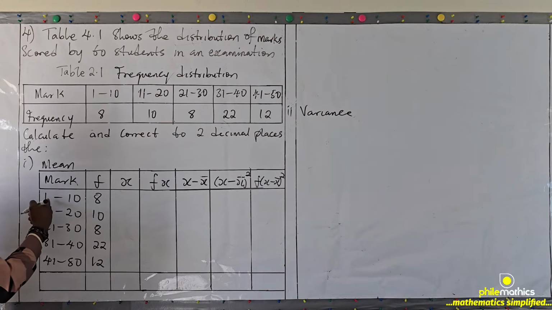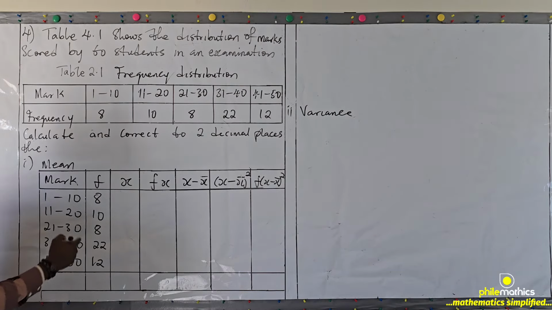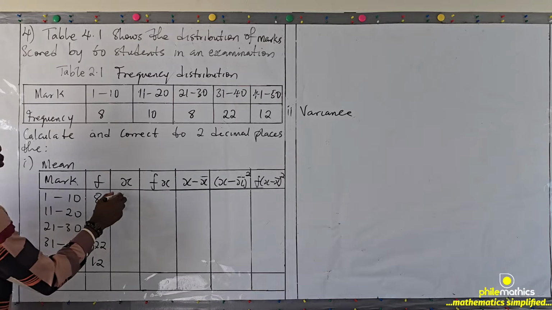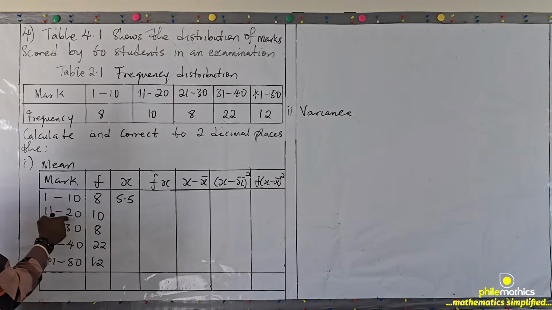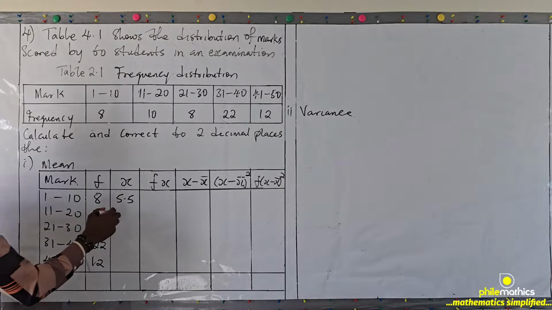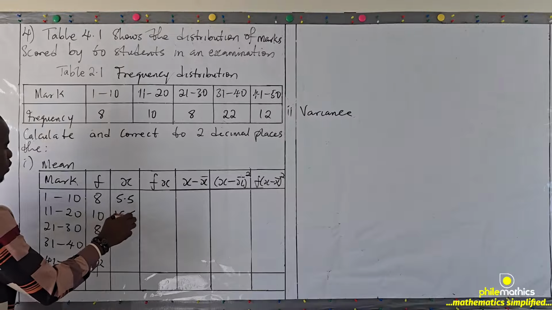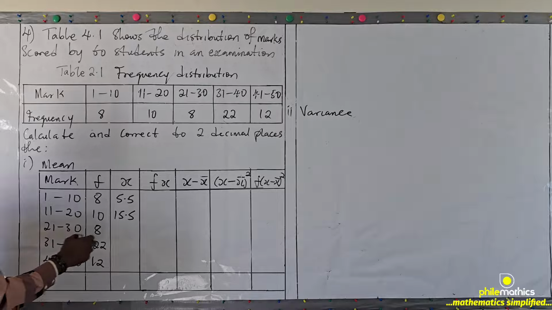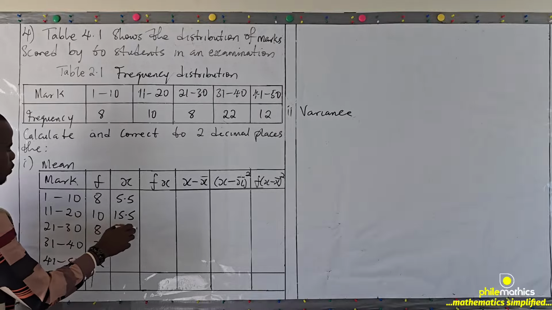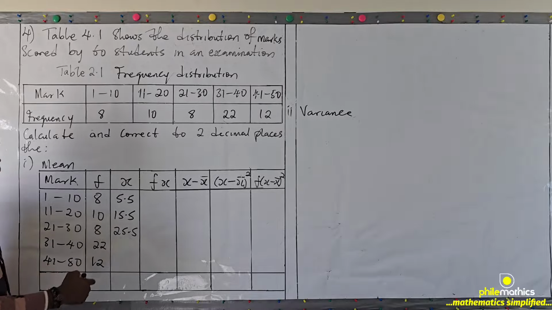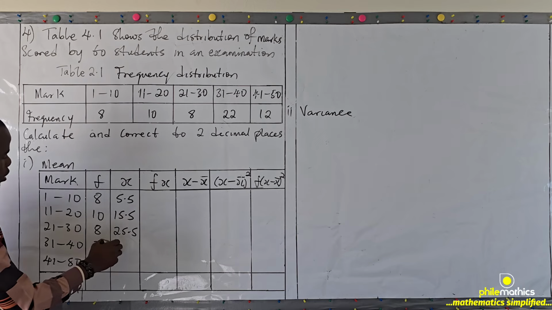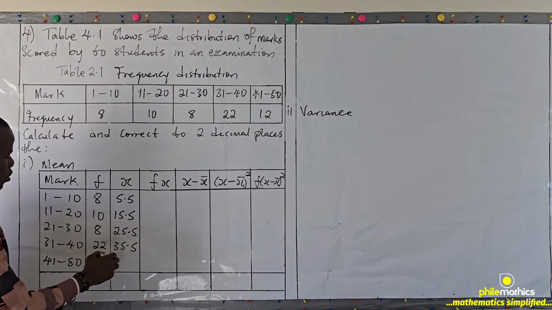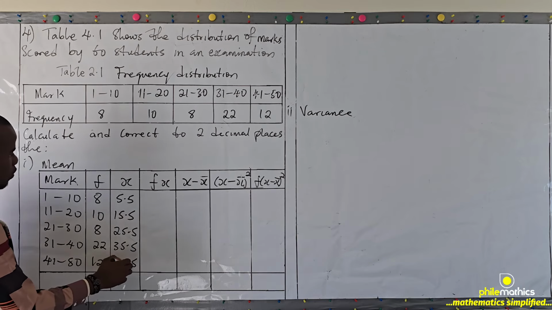The average simply means 1 plus 10 divided by 2. So this is 11 divided by 2, 5.5. 31 divided by 2, 15.5. 51 divided by 2, 25.5. You notice just a difference of 10. So this will be 35.5 and 45.5.